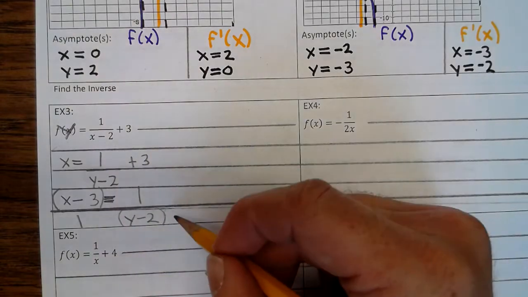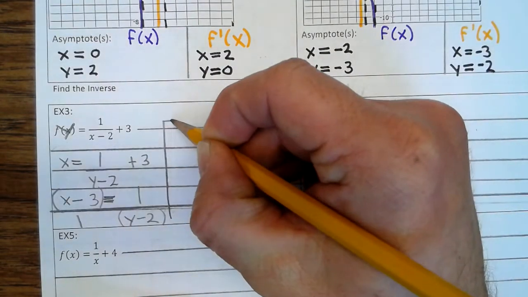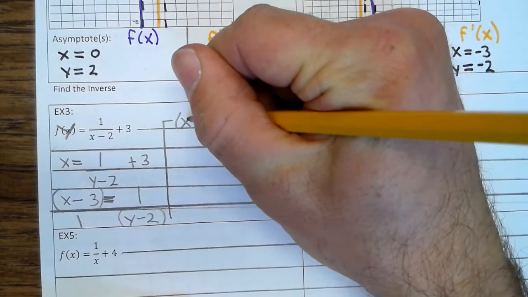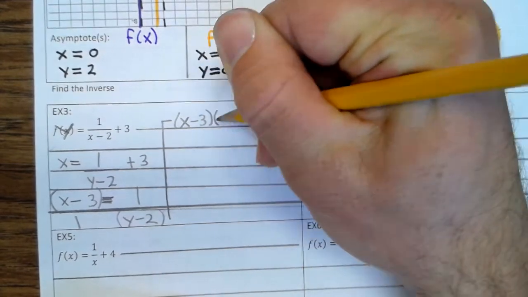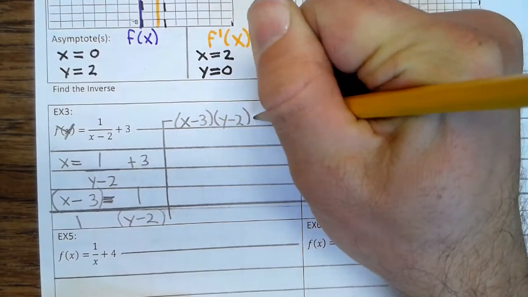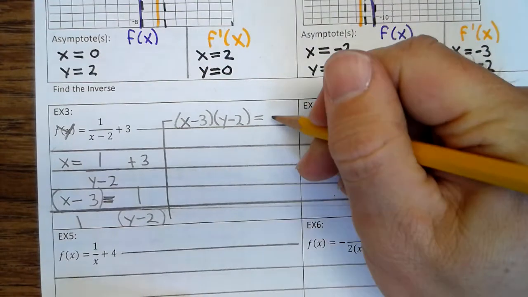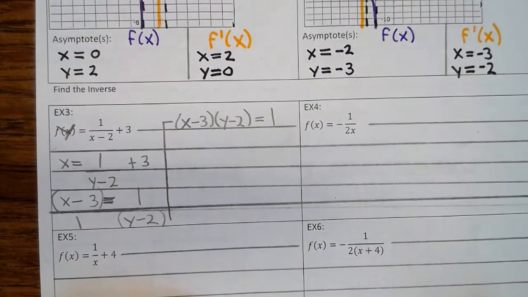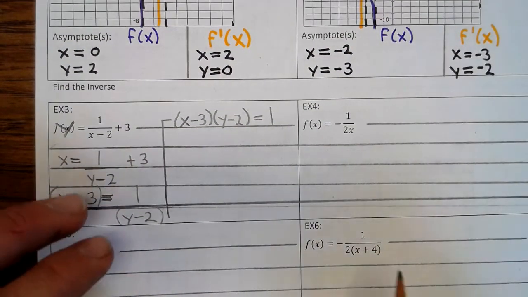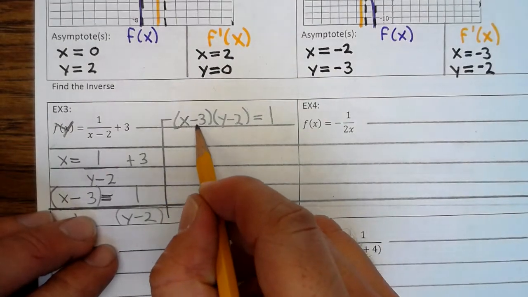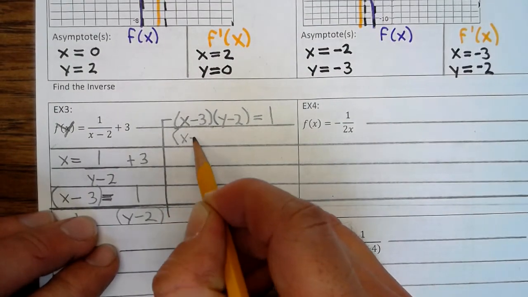So when we cross multiply, we get x minus 3 times y minus 2 equals 1 times 1 is 1. Now we're going to divide x minus 3 from both sides.